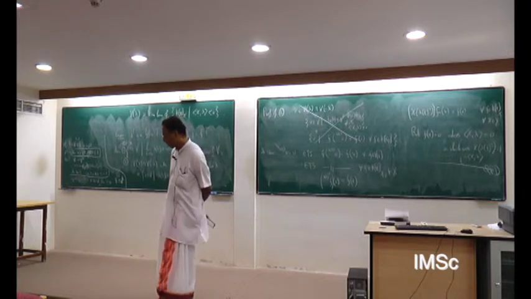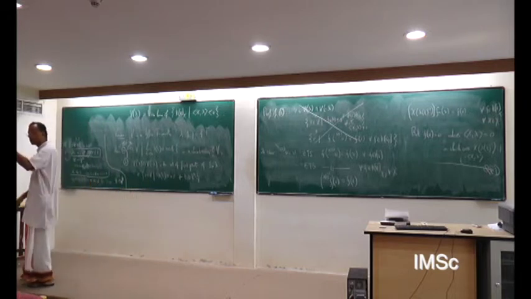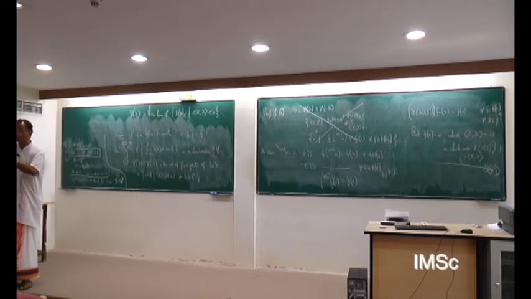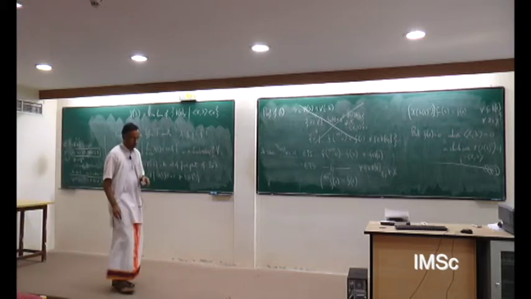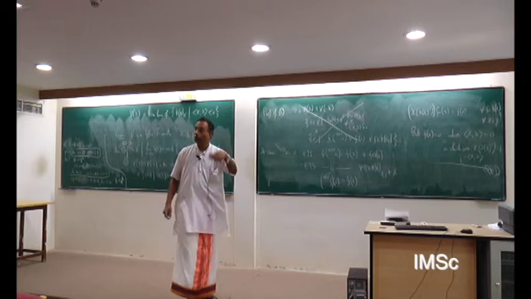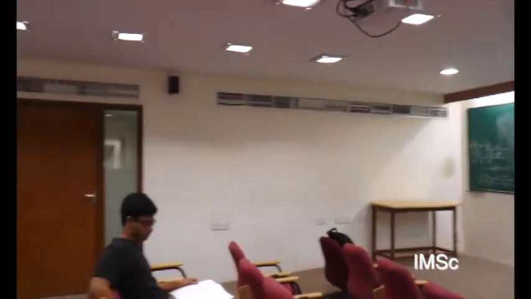For example, you can try 1, 1, x and 1, 1, y, and try to see the group generated by them.